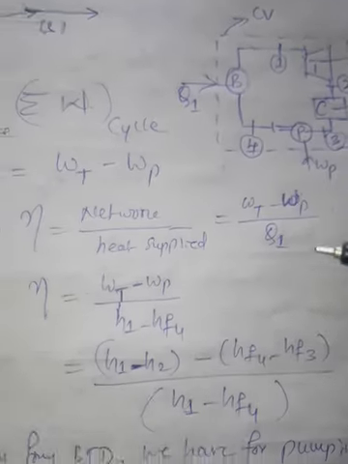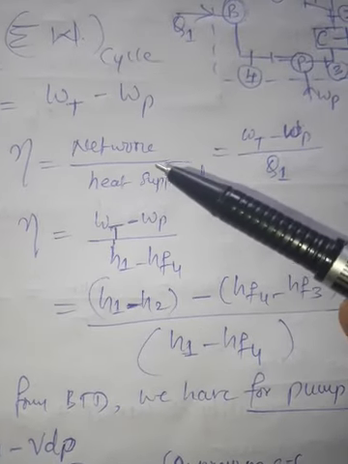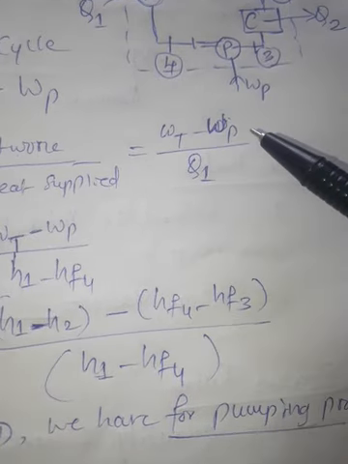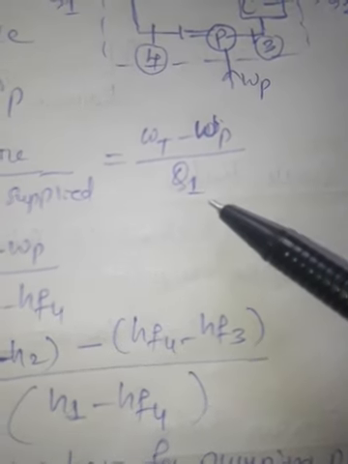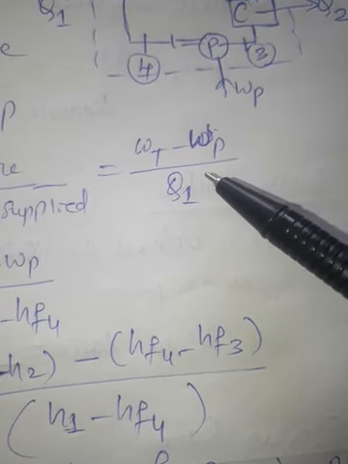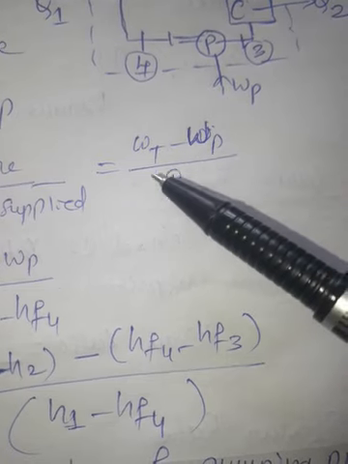So if you substitute this into the thermal efficiency formula, net work upon heat supplied will be written as Wt minus Wp upon heat supplied, which is Q1. From our previous discussion, we know the formulae for all these parameters.